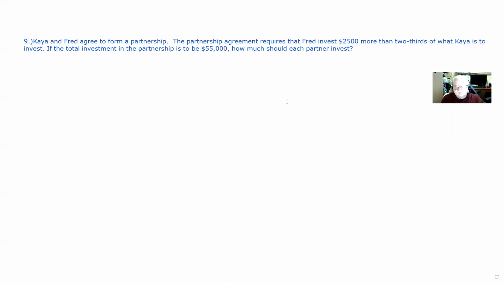The partnership agreement requires that Fred invest $2,500 more than 2/3 of what Kayla is to invest. If the total investment in the partnership is to be $55,000, how much should each partner invest?